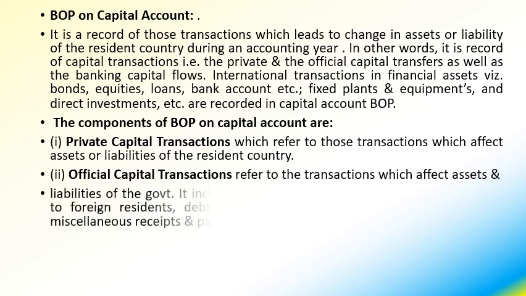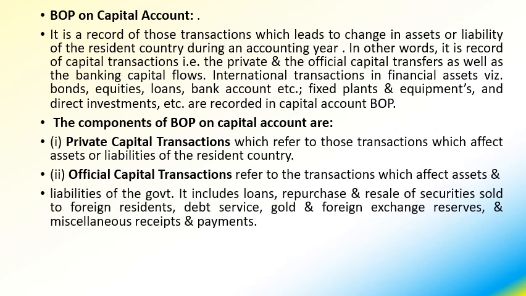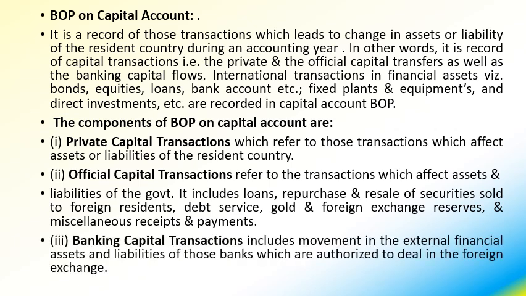Now official, that is from the government: if any official transaction takes place and causes a change in the position of assets and liability of the government, it includes loans, repurchase and resales of securities, gold to the foreign resident, debt service, gold and foreign exchange service, miscellaneous receipts, payments, etc.